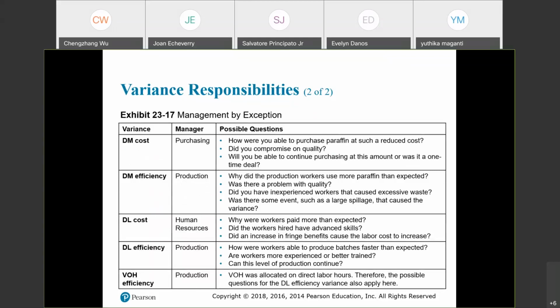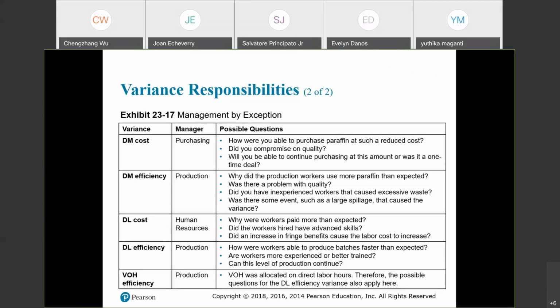So here is a table showing the possible causes that cause the so-called significant changes. For direct materials, for example, we can look at how were you able to purchase paraffin at such a reduced cost? Or did you compromise on quantity?